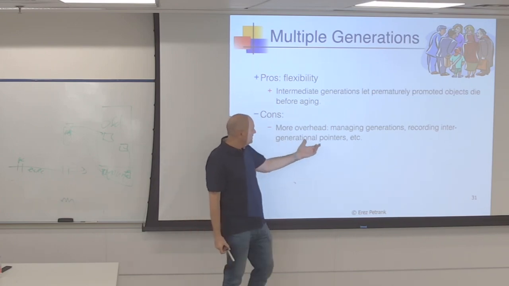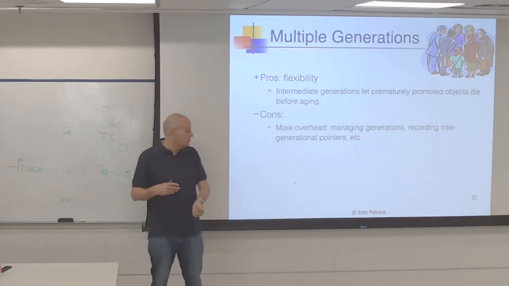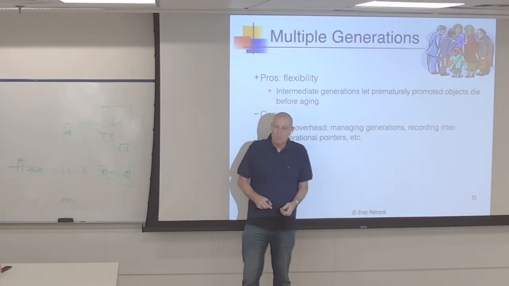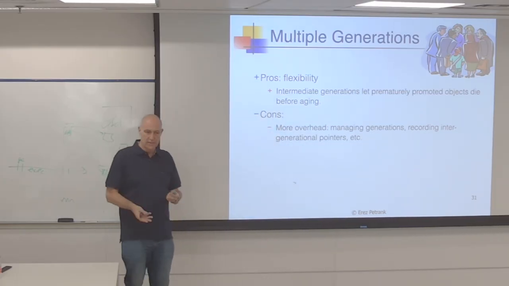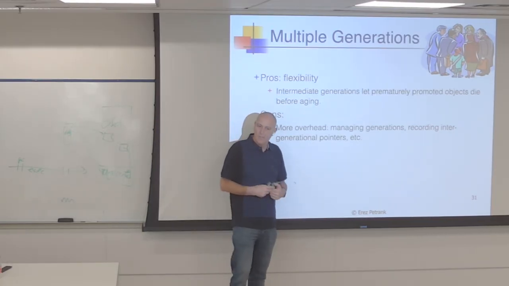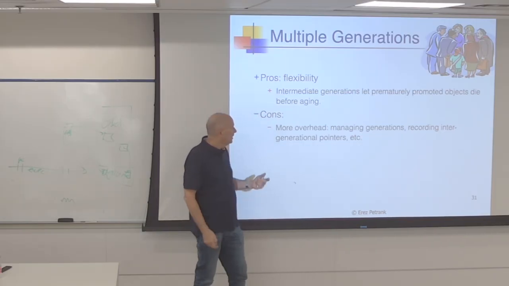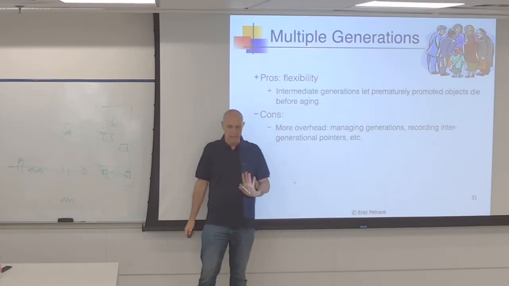But the problem is that you need to manage all these intergenerational pointers, and also it's more code, it's more complex. You need to do all this, and usually people do not want to do that. Simplicity is also a factor in deciding what to do, and many times we just do 2 generations, young and old.